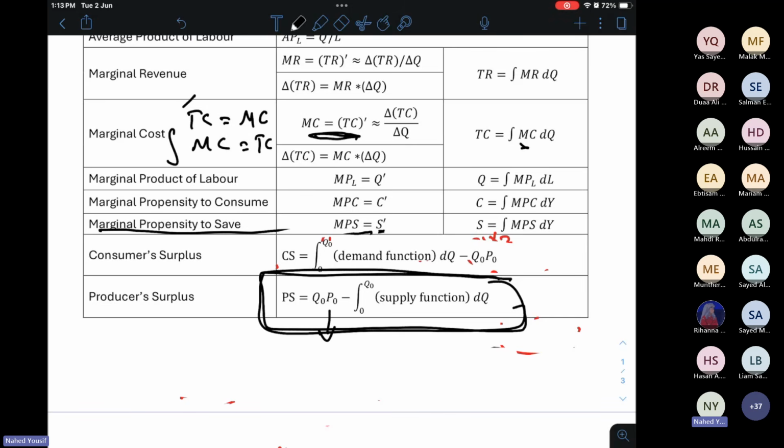We need to calculate P naught in part B, and in part C we use this formula. They don't make it all at once, they make it for you part by part. So first we solve for P naught in B, and in C we do the whole calculation. Is that clear?